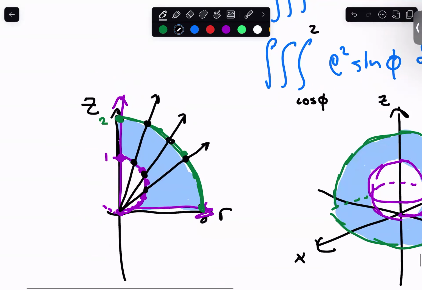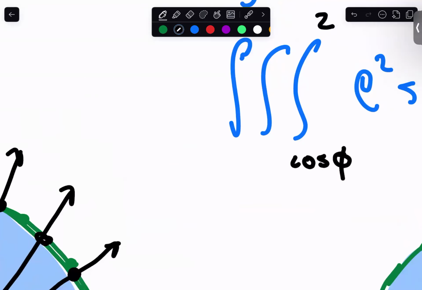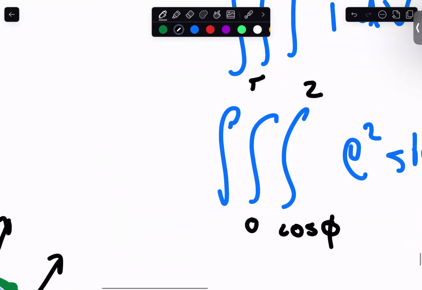The purple curve stopped because we started getting negative rho values. And the green curve stopped because it was specified that z should be greater than or equal to 0. So each for their own reason, phi should only range from 0 to pi over 2 rather than 0 to pi. The default for phi is 0 to pi, unless there's some restriction like there is in this problem.